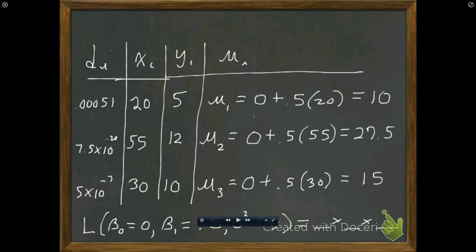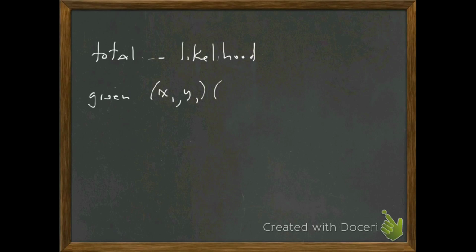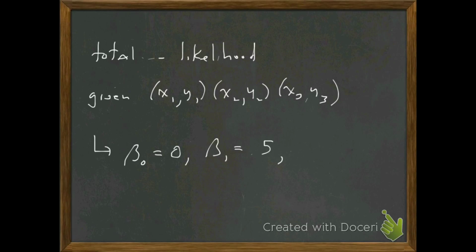So you can see that I filled in the densities and our total density, so the total likelihood given our x sub 1, y1, x sub 2, y2, and x sub 3, y3, coming from beta 0 equals 0, beta 1 equals 0.5, and sigma squared equals 9.